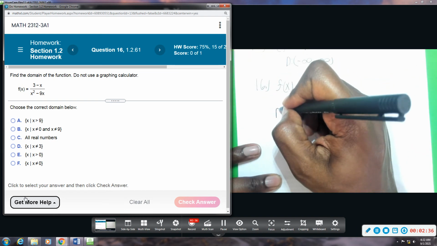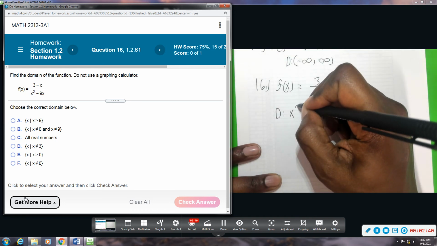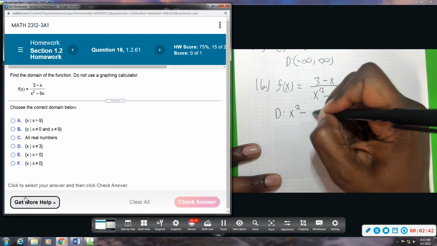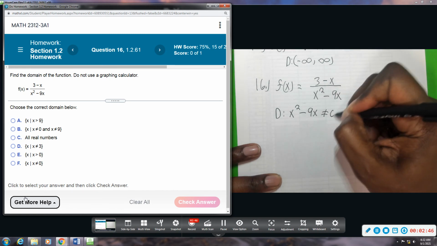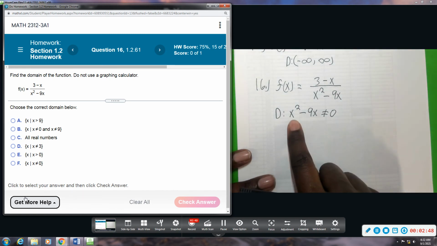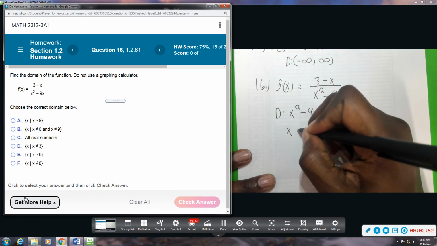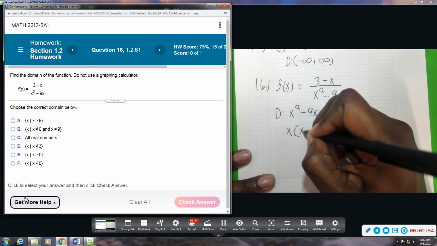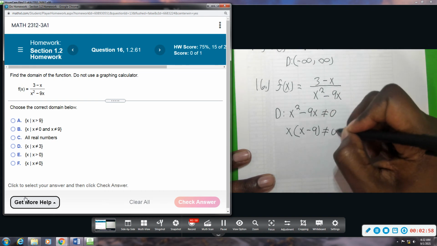So we take the denominator, and we set it not equal to 0. So x squared minus 9x cannot be equal to 0. We have to factor out an x. And then we have x minus 9 cannot be equal to 0.